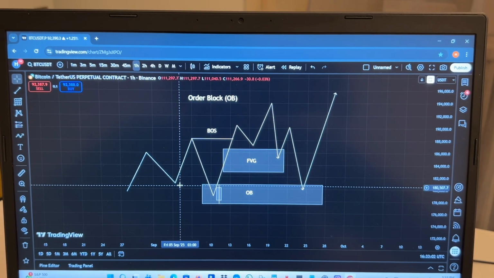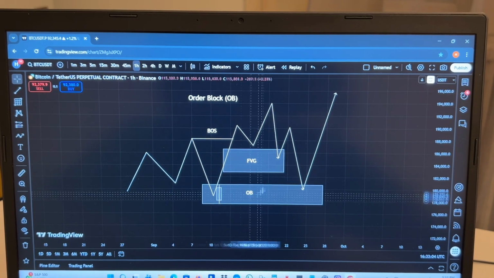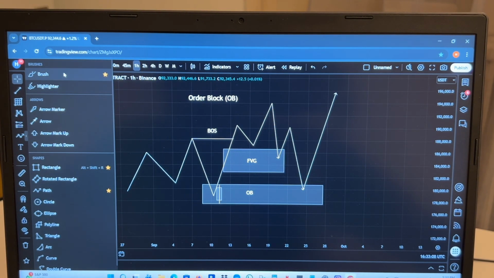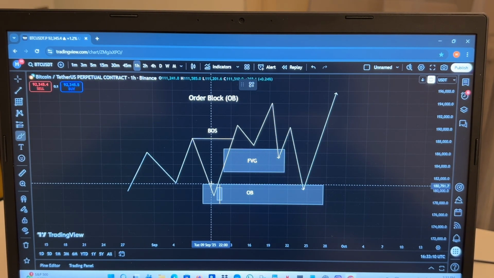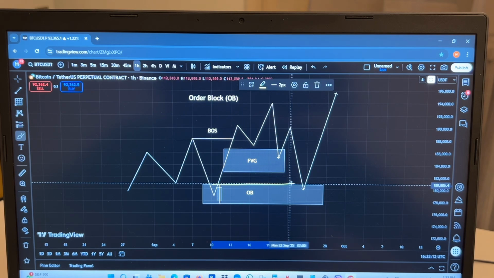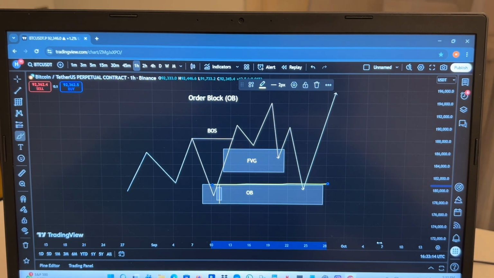What I personally do is put my limit orders at the highest point of this OB, right over here. From this line is going to be my limit orders.